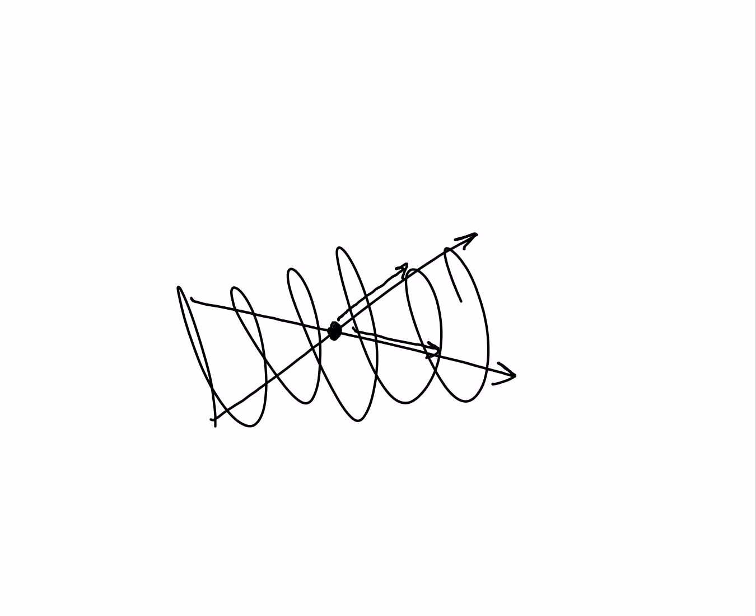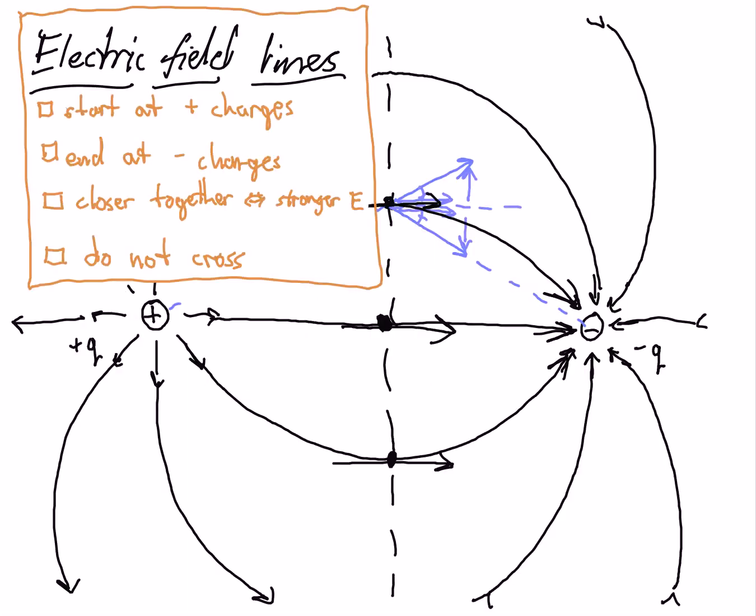So that's why electric field lines cannot cross. So these four rules will help both in drawing electric field line diagrams and in interpreting them. Electric field lines start at positive charges and end at negative charges. Where they're closer together, that's where the electric field is strongest, and electric field lines do not cross.